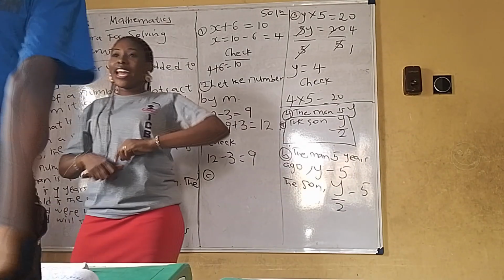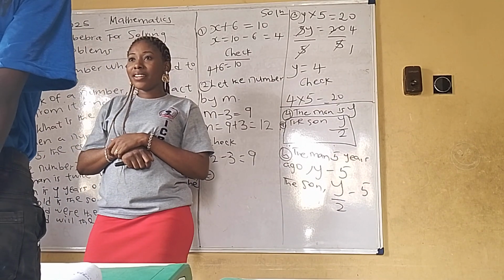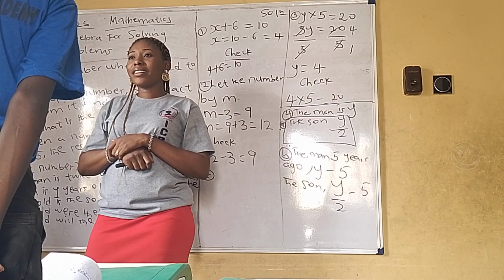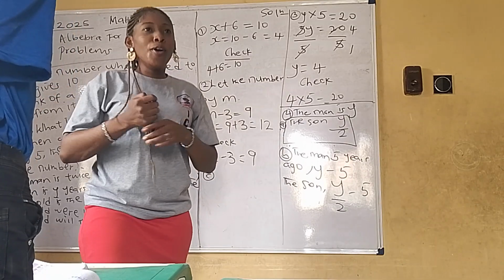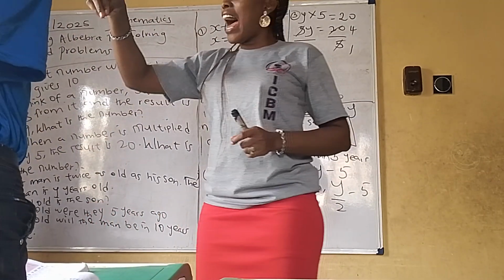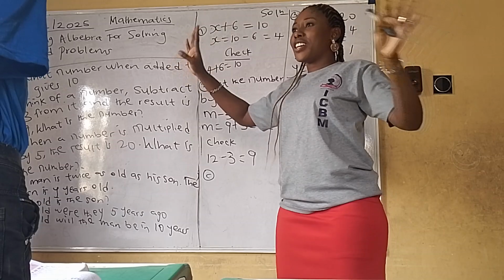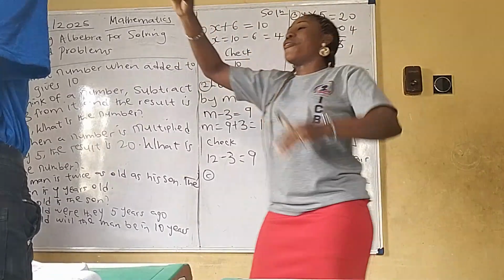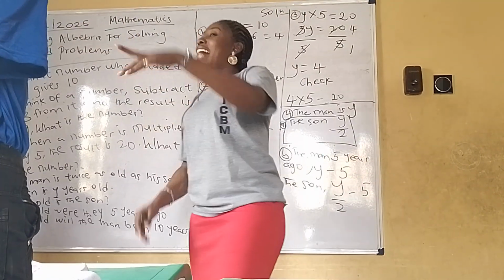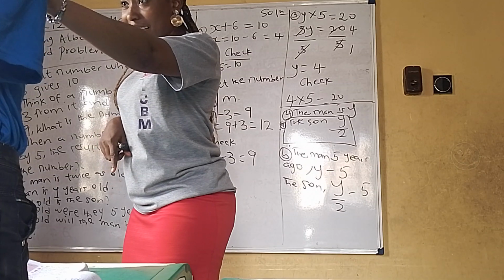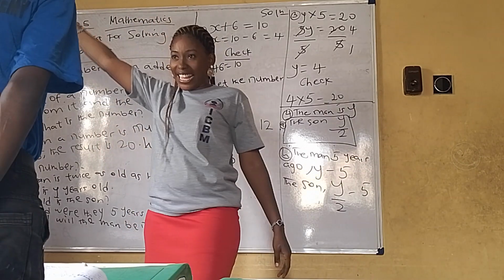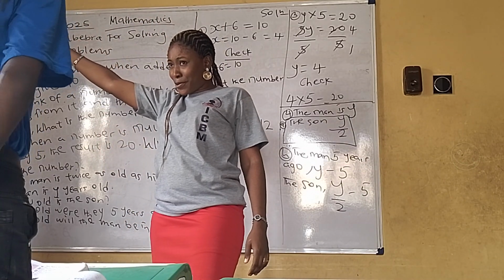How old will you be in 10 years' time? I don't know your age. Well, how will you give me the answer for how old you will be in 10 years' time? You are adding your current age to 10. Is that not so? Good.